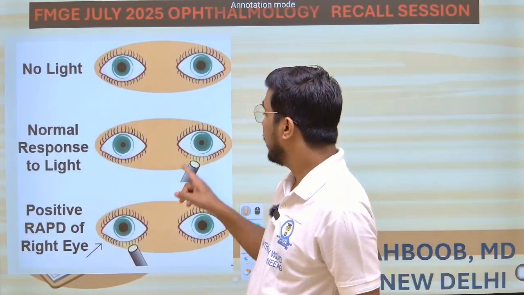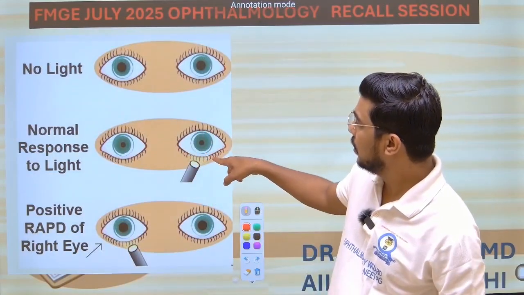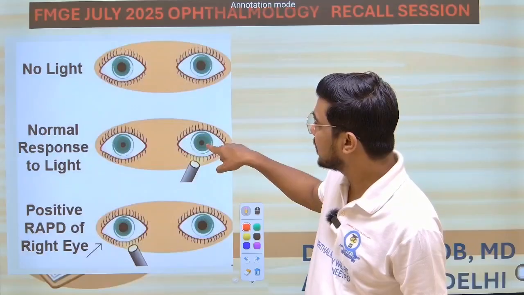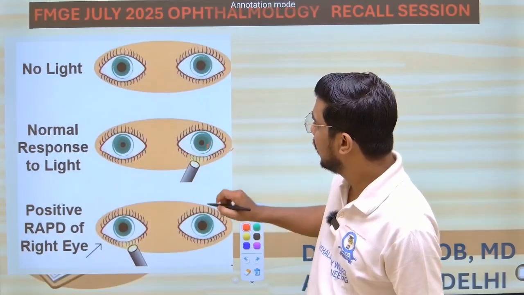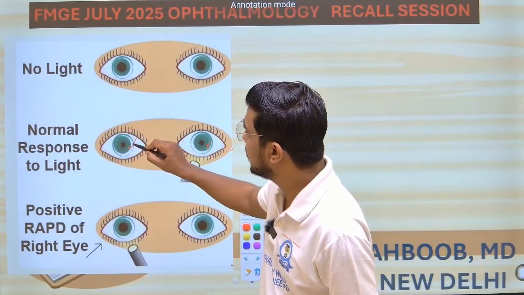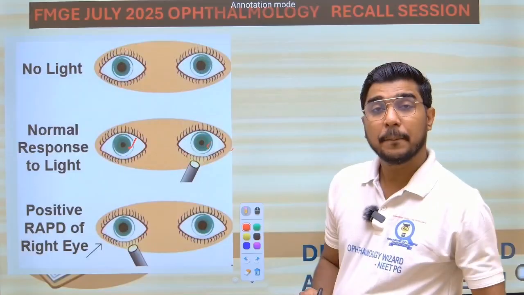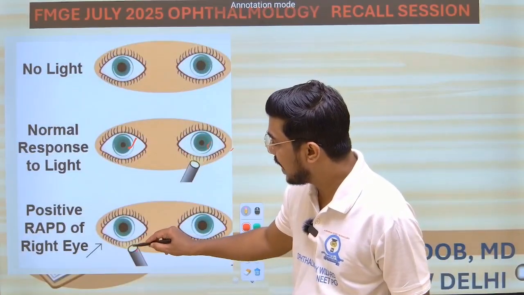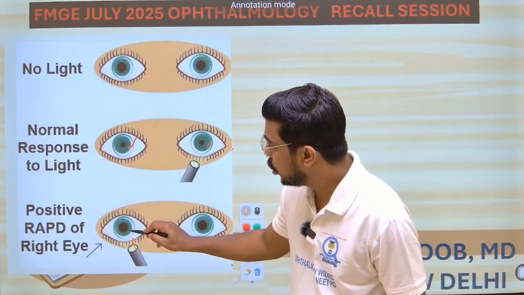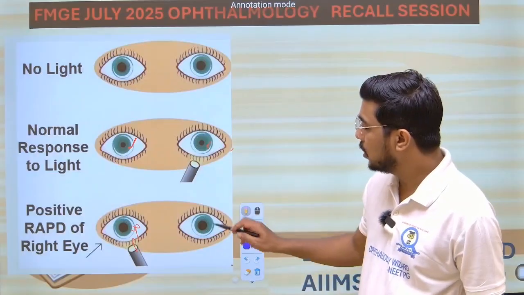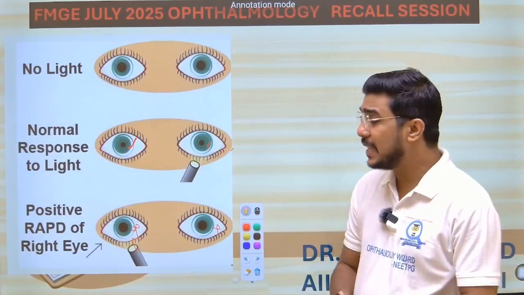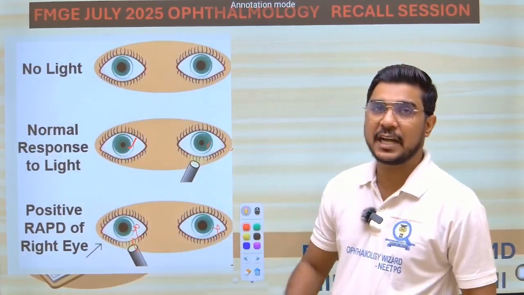But when the light is flashed here, the pupil reacts here, and the other pupil is also reacting. The consensual reflex is also there. But when the light is flashed here, the pupil is not reacting. Also, there is no consensual reflex. Meaning there is an afferent pathway defect.